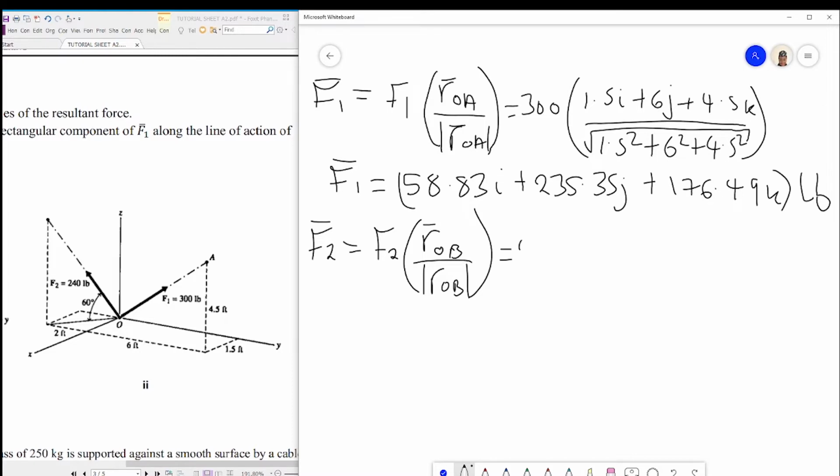This will be equal to 240 multiplied by the position vector, which will be 1.5i minus 2j, and what is in the z direction now? We've been given the angle 60 there, so it's not a problem.